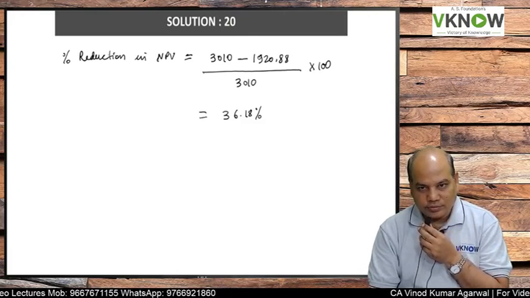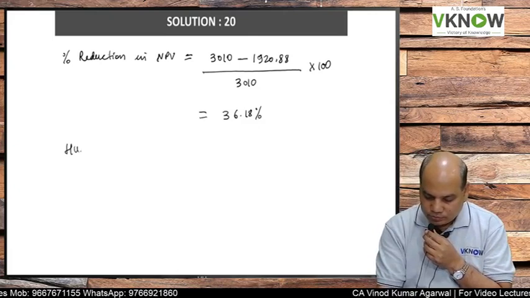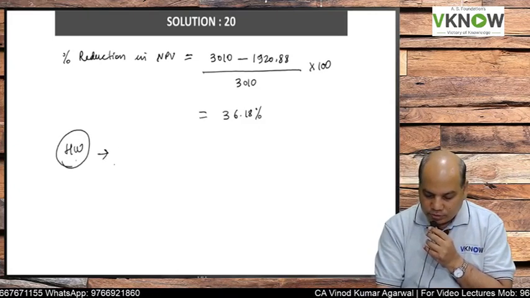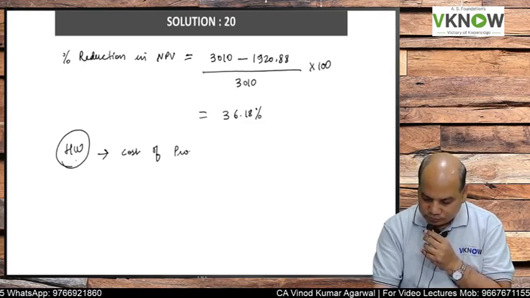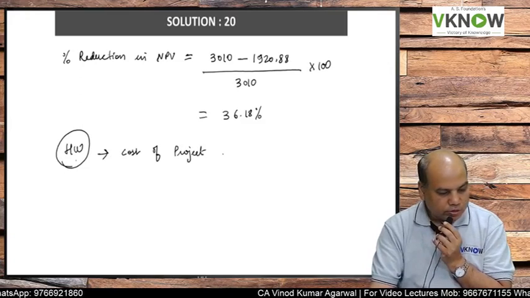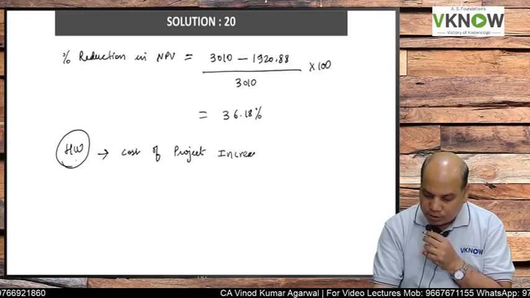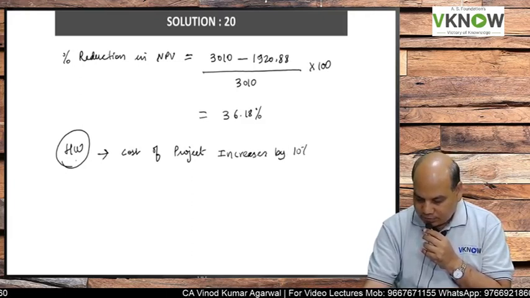Is it right? Now one homework you do. What is the homework? Second part, that is cost of project. Cost of project increases by, or cost of plant and machinery increases by 10%.